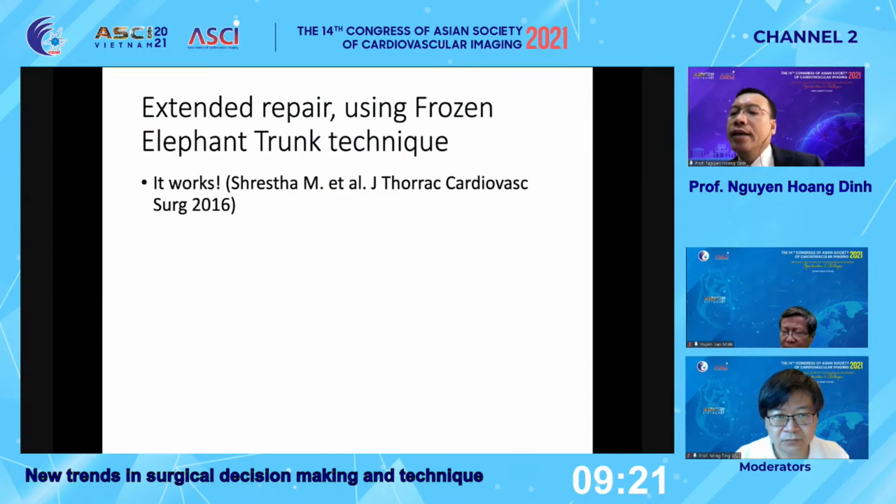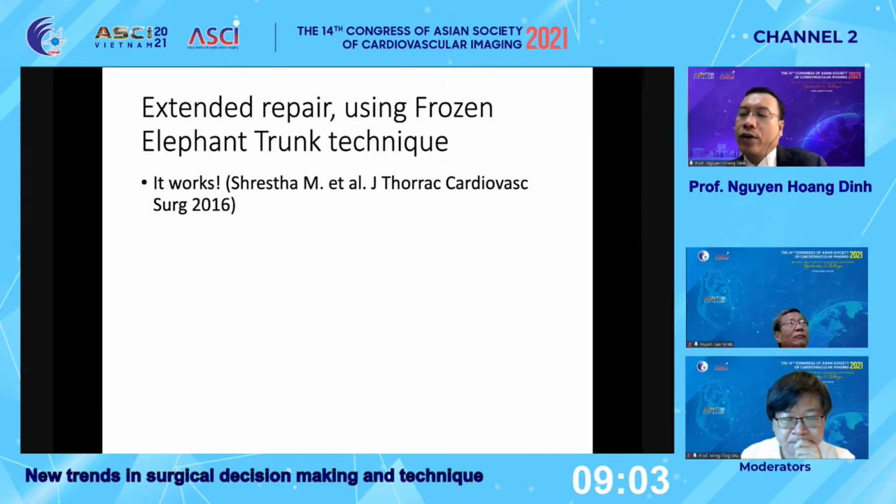Immediate extended distal repair using the frozen elephant trunk technique may induce false lumen thrombosis and remodeling, thereby preventing downstream dilatation. It's the work of Professor Shrestha from Hannover.